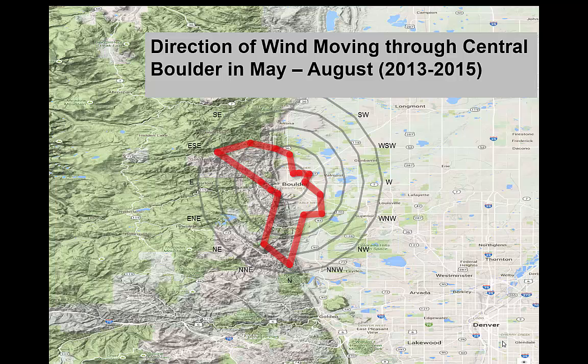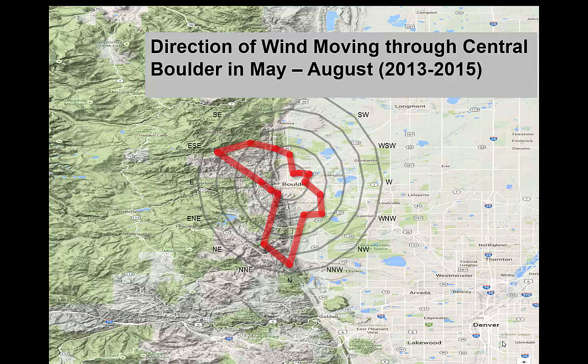When we look at the weather map that shows wind directions recorded in Boulder in May through August, from 4 years of data, you see that most of the winds move to the west, out of Boulder into the foothills where there are some ash, but those are not the high density population centers with most of the ash.